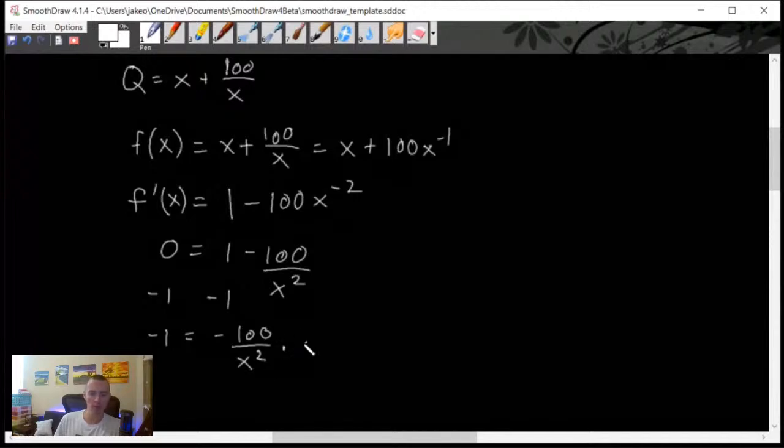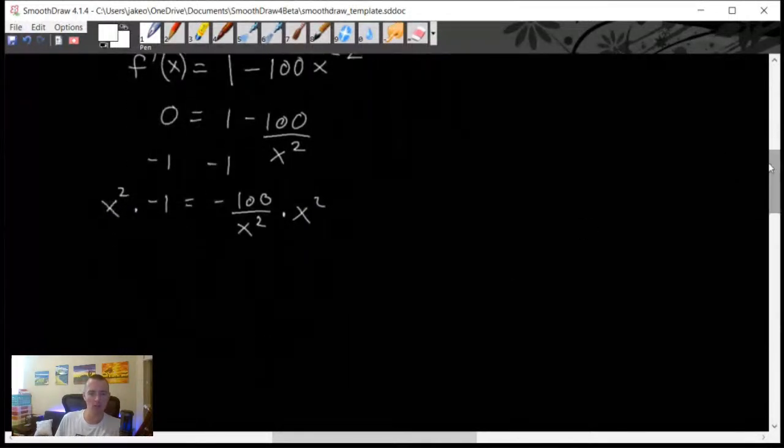Then we can multiply both sides by x squared, because it's usually a good idea when you have fractions like this to think about how we can get stuff all on one level, or like all on one line. Fractions kind of make things harder to solve usually. Even though that didn't do anything really to get our x by itself, it got rid of the fraction, so it's helpful. Okay, then multiply both sides by -1.